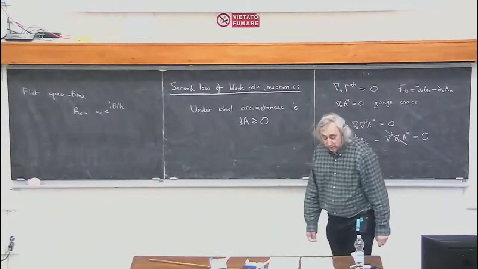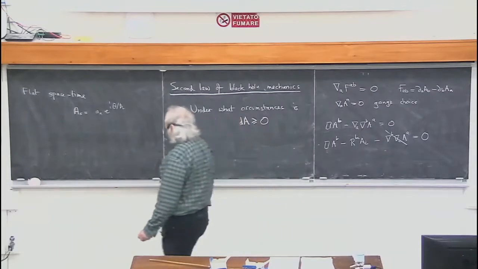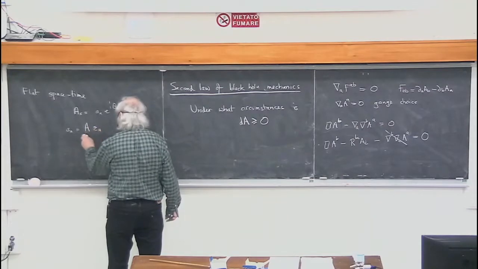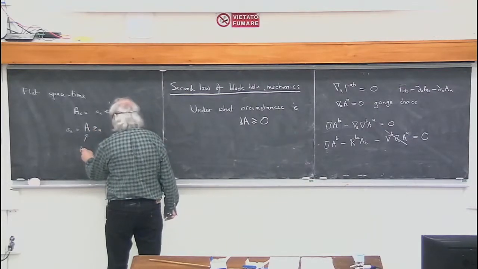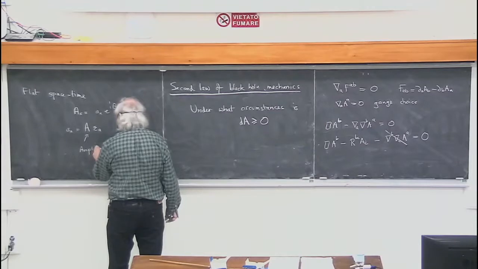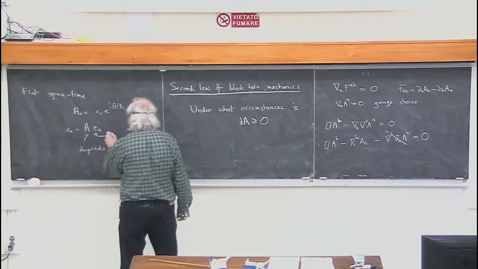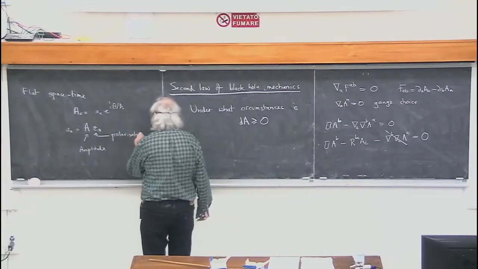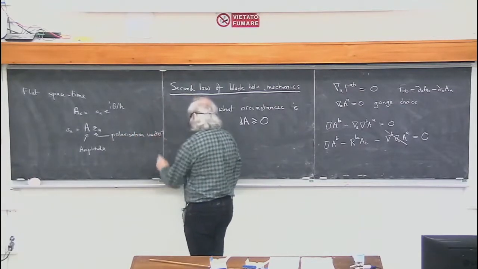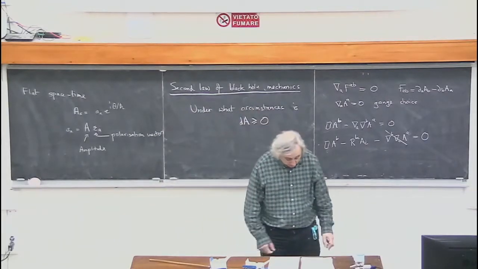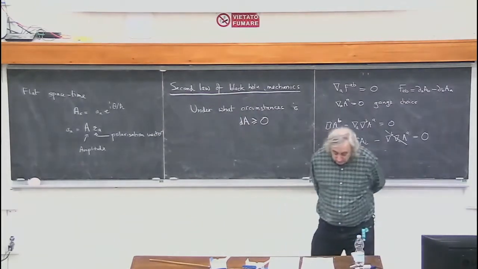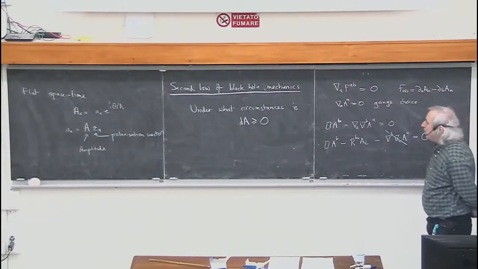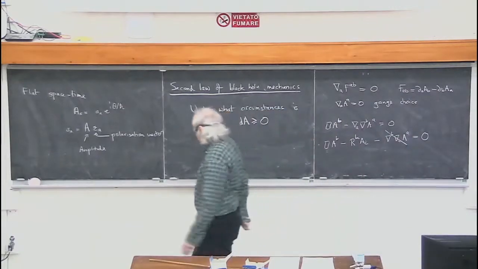A we could think of as being the product of a polarization vector times the amplitude. Of course, for a plane wave of momentum p, theta is equal to p dot x.